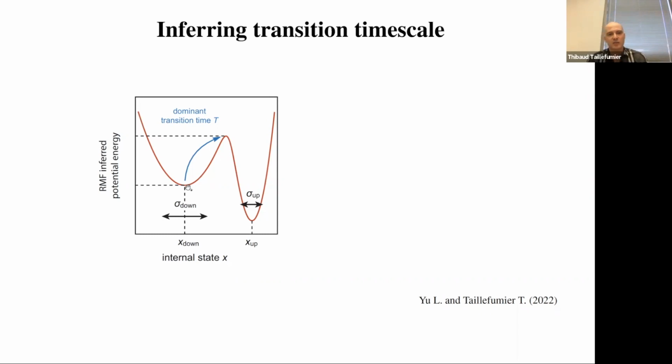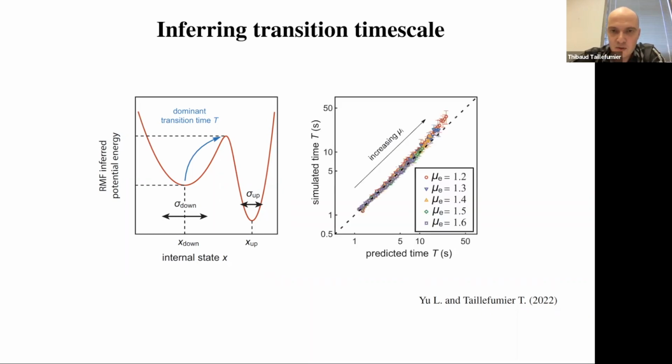And now that I've made this model, I can use all the machinery that's been developed in chemistry, like Kramers' rate and so forth, to come up with a mathematical expression that will explicitly depend on mu and compute those transition times. Okay. And if you do that, and we've done it for this model, you can see that the expression you get is actually very predictive of the measured transition time.